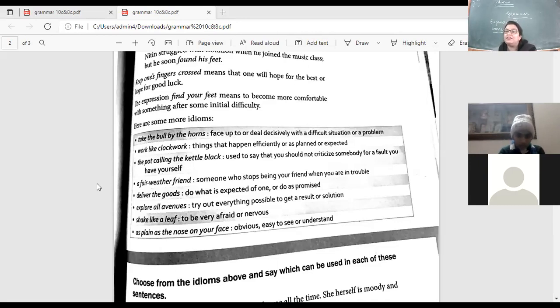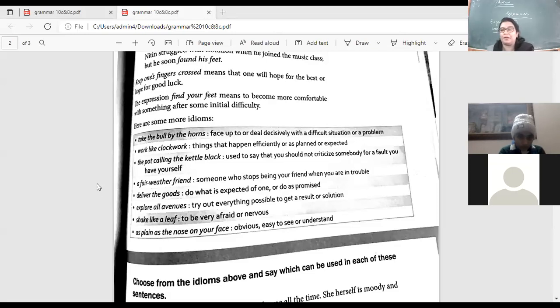Next is deliver the goods. So who delivers the goods for you? Your couriers, your things which you have asked, they deliver the goods. That means they come and give your things on time, isn't it? So deliver the goods: do what is expected of one, do as promised. Elections are around the corner.